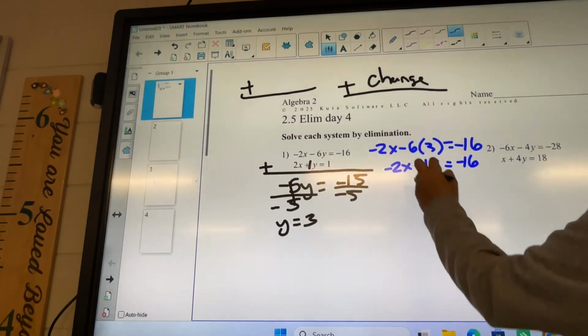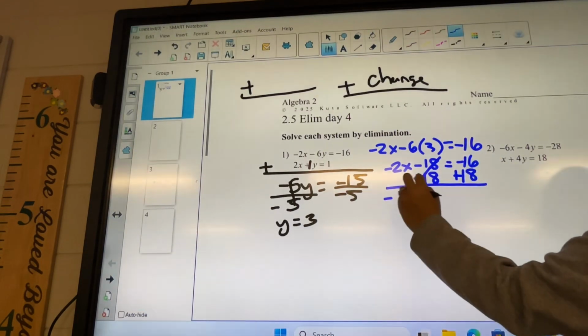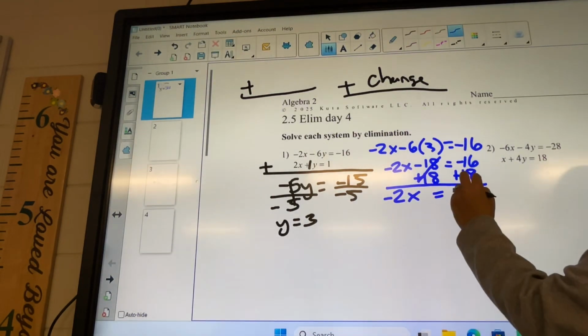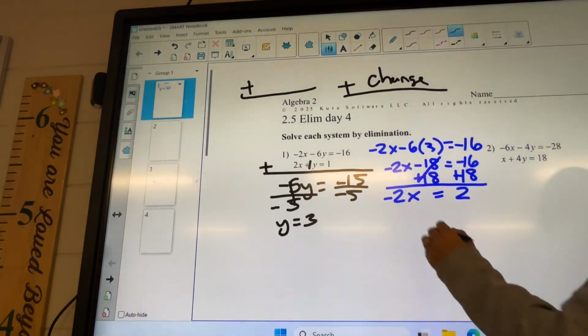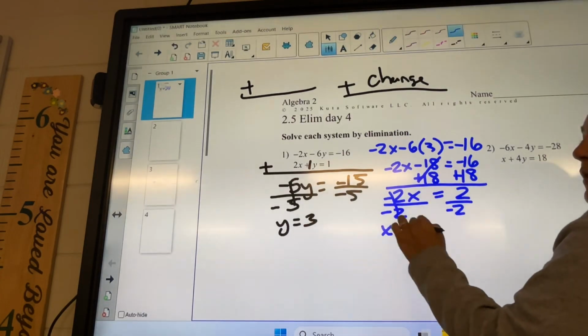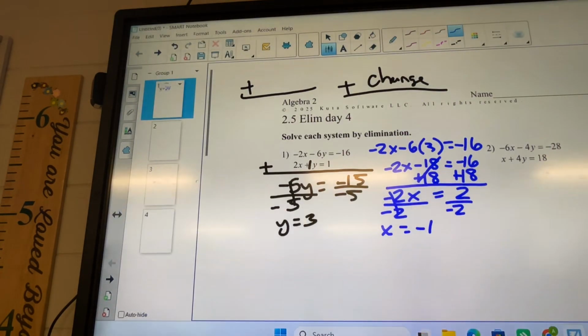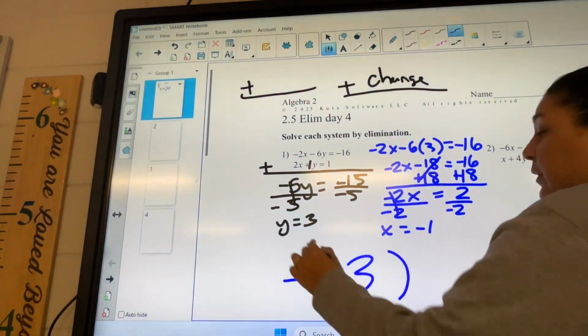Okay, and then we're going to add 18 to both sides. So we get negative 2x equals 2. And then we're going to divide by negative 2 on both sides. So we get x equals negative 1. Okay, and so that coordinate is going to be negative 1 comma 3.